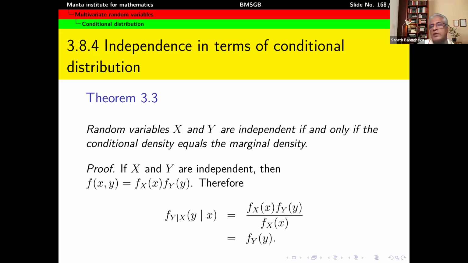In that case, we said two random variables x and y are independent if and only if the joint density or the joint mass function is equal to the product of marginal densities or the product of marginal mass functions. And here we are going to look at another definition. We will discuss that in the next lecture.